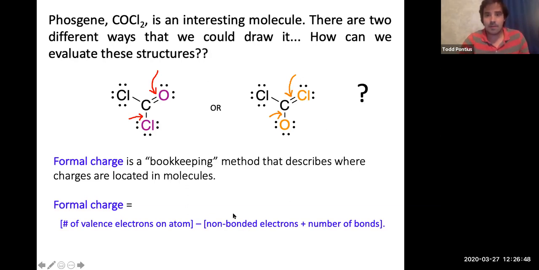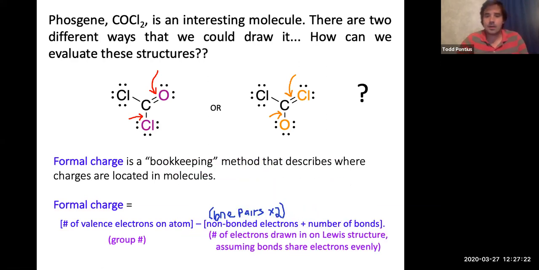The non-bonded electrons are the electrons in lone pairs. Each lone pair has two non-bonded electrons in it. And the number of bonds. The way that I like to think about this is, again, the number of valence electrons on an atom is its group number.